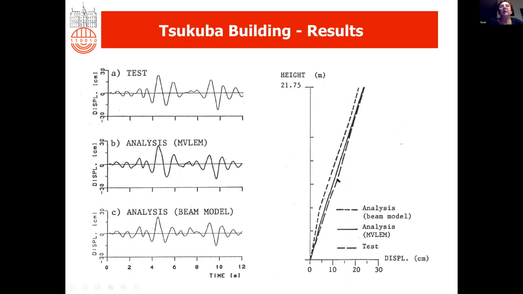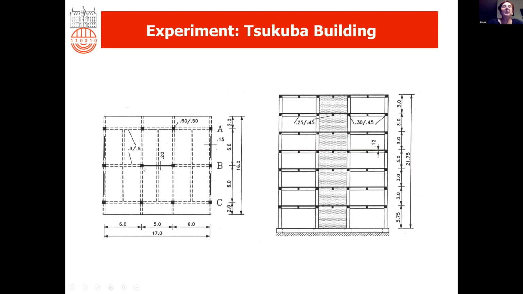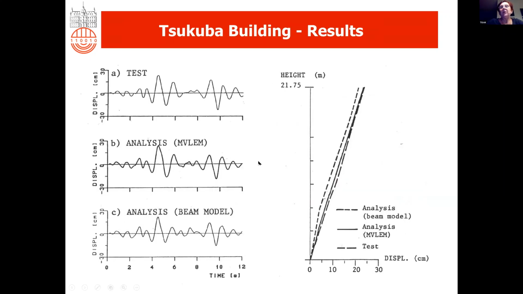This model was better, first of all, because it was possible to take into account a very large uplift of the boundary columns, which was not possible to model properly otherwise. The match with the experiment was not very bad with the standard model, but much better with the MVLM.